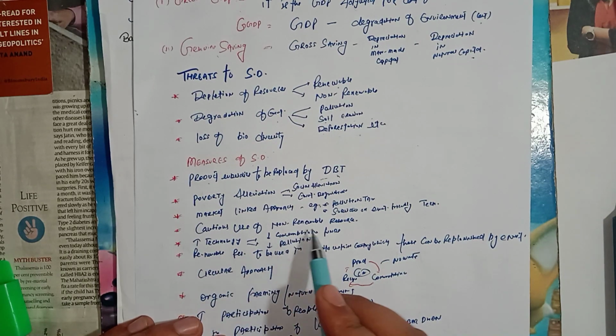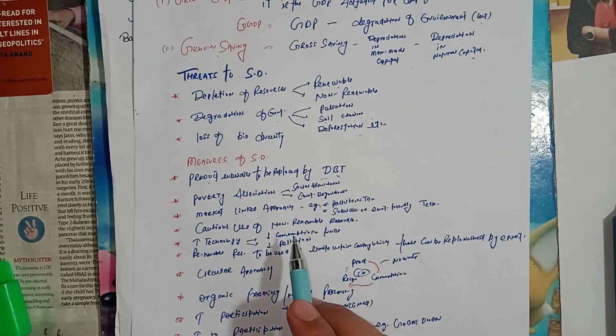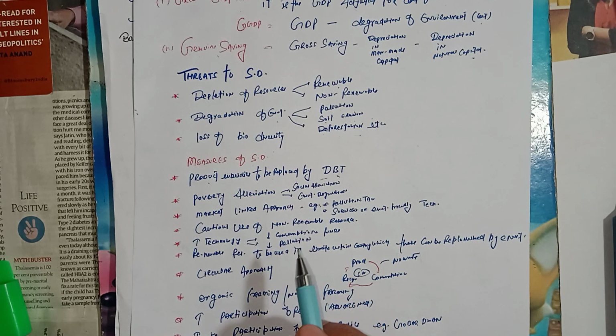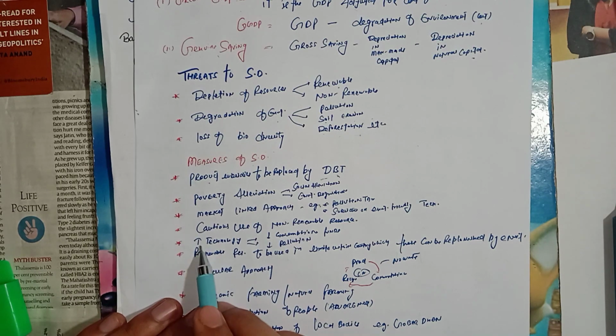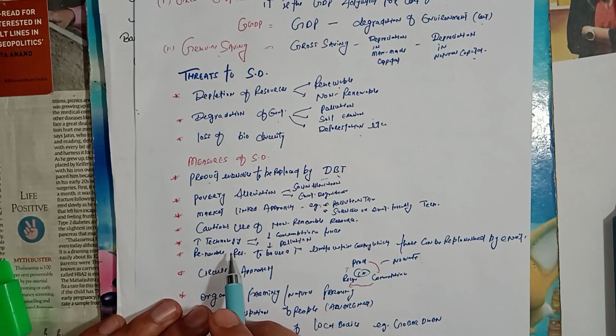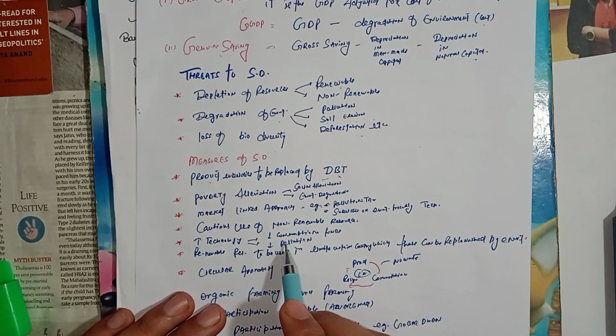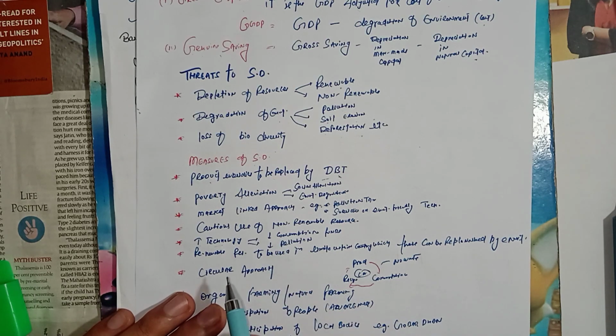Cautious use of non-renewable resources, those resources which cannot be regenerated, or which could be regenerated only after millions of years. So those resources should be used cautiously. Technology should be advanced, and pollution should be decreased.